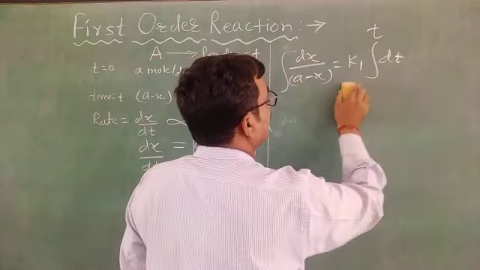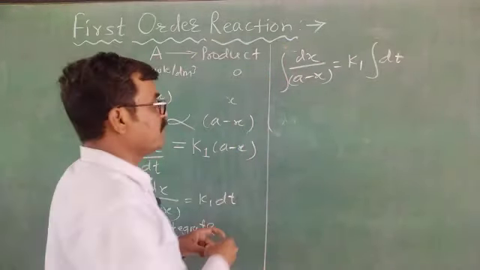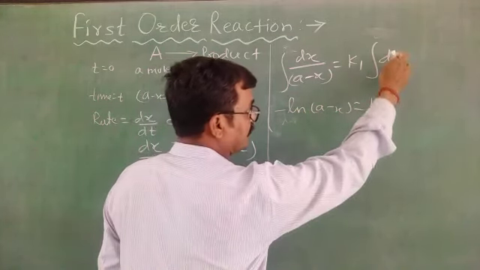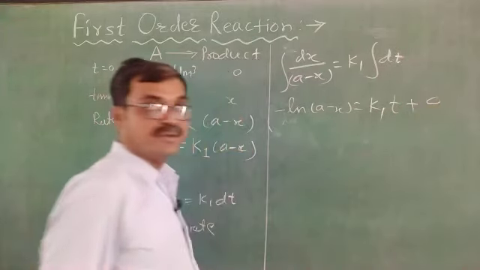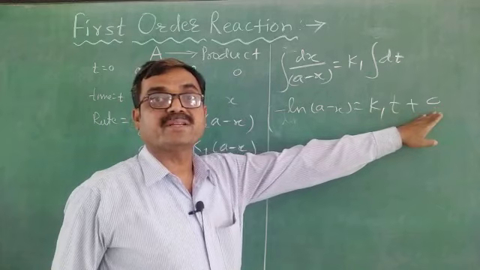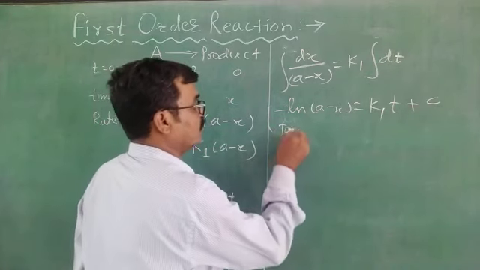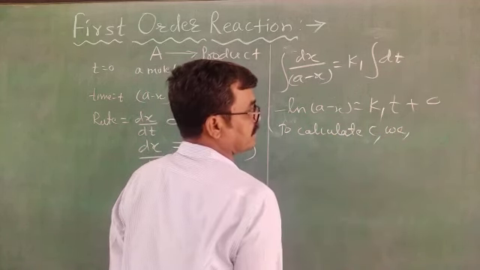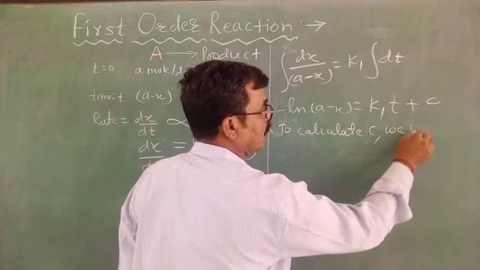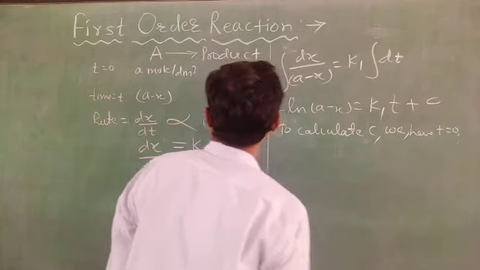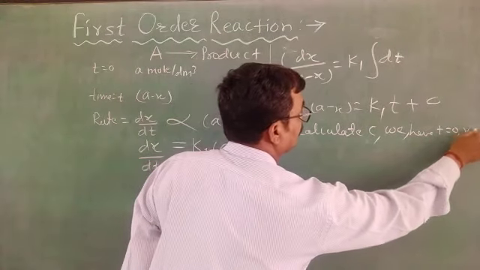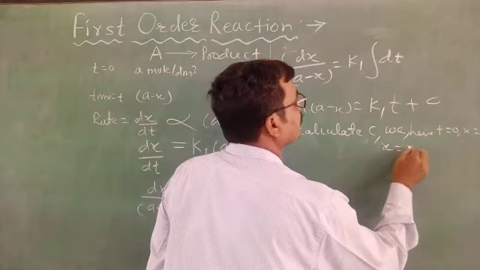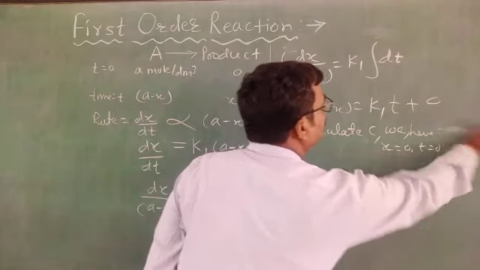The integration will be minus ln (a minus x) equals k1 into (t plus c), where c is the integration constant. To calculate this integration constant we have to use the initial condition. What is the initial condition? Time t equals 0 and x equals 0.